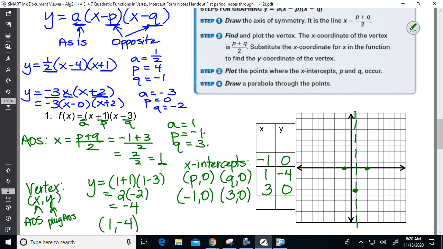Now, the nice part about intercept form is that those are the only 3 points you need to draw your graph. We now have 3 points, so draw your parabola. You do not need 5 points for intercept form.